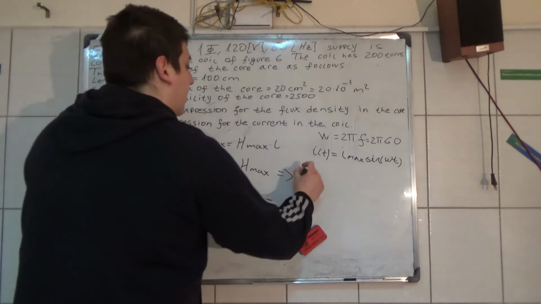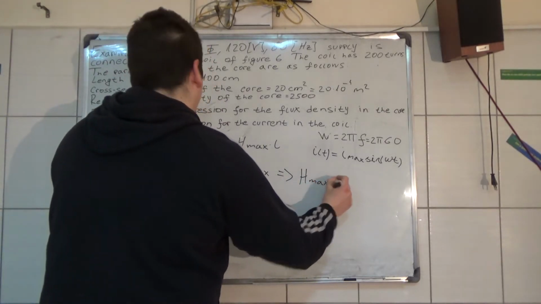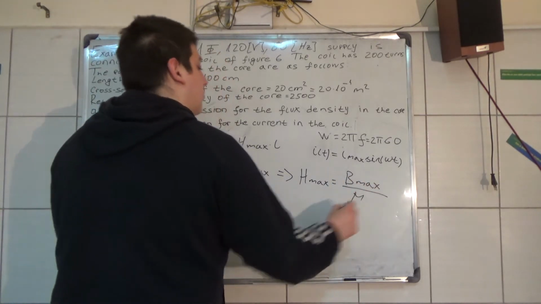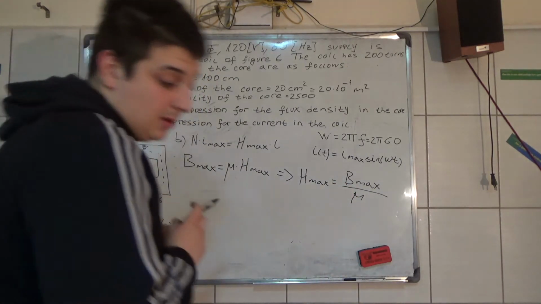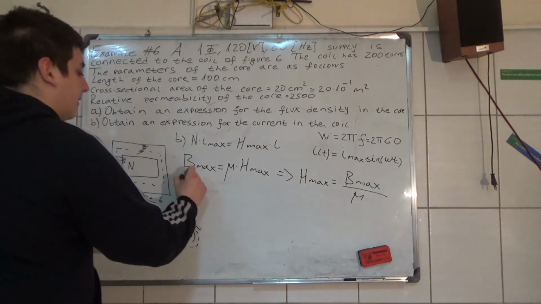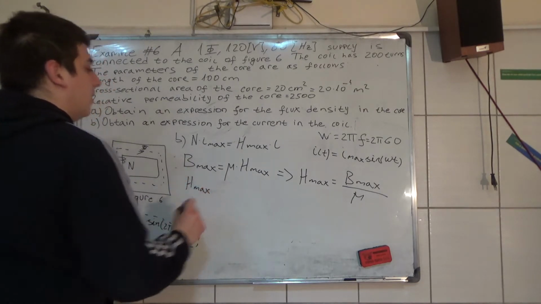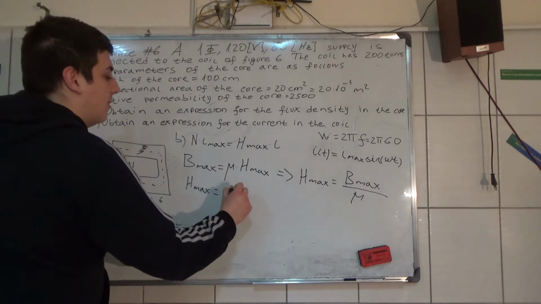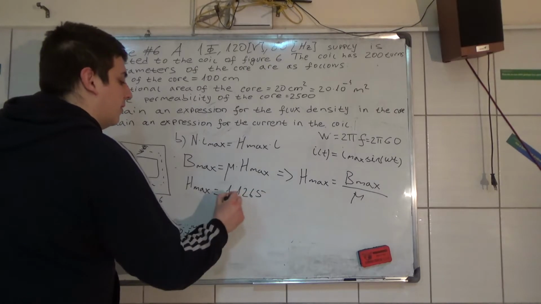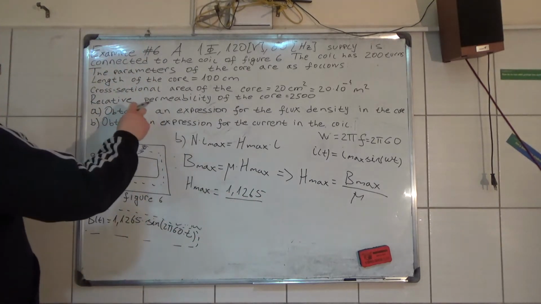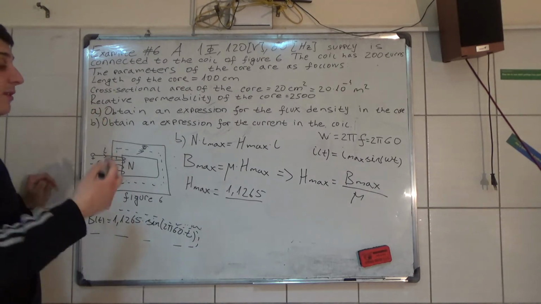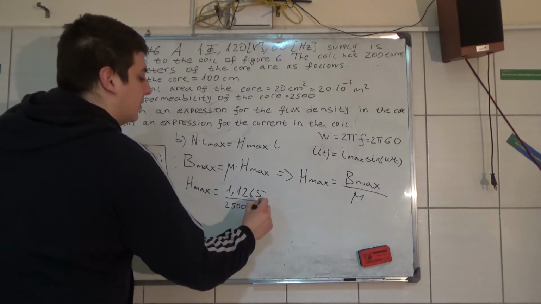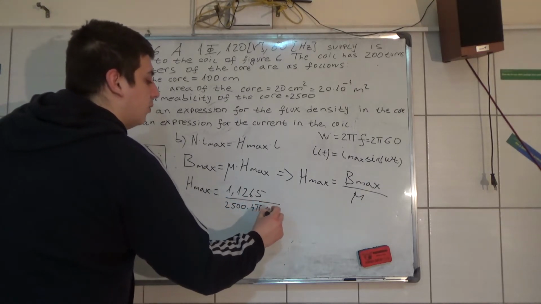Now you get that the H maximum is equal to B maximum divided by mu, or the permeability of the material, and you get that the maximum field intensity is equal to 1.1265 divided by mu, which is equal to the relative permeability times the permeability of the vacuum, and that is equal to 2500 times 4π times 10 to the minus 7.